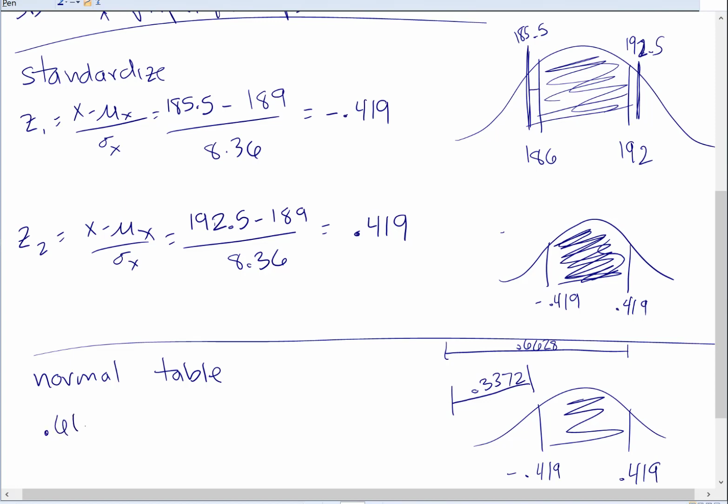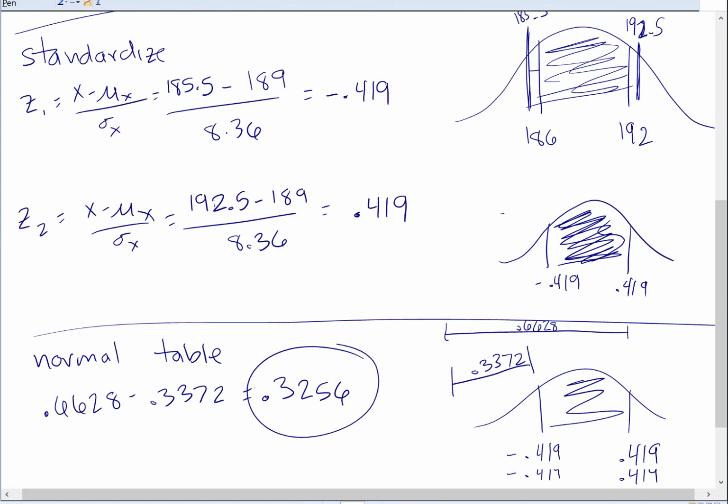So we'll do 0.6628 minus 0.3372, which gives me 0.3256. So that's my probability.